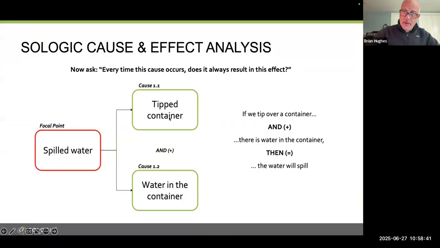Let me back up here. Tipping the container and water in the container, these are actually pretty different when you look at the nature of each of these contributors, is the word I'm going to use. In this particular box, tipped container, I've got an active verb, tipped container.